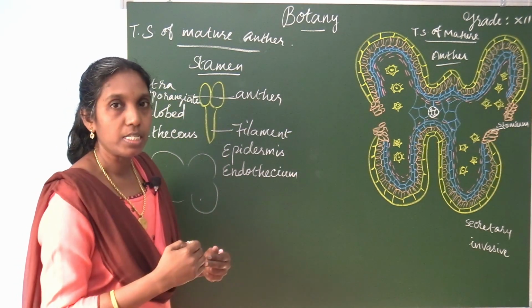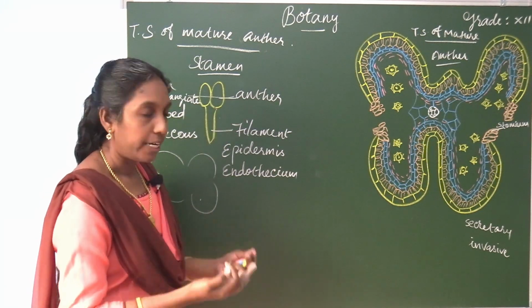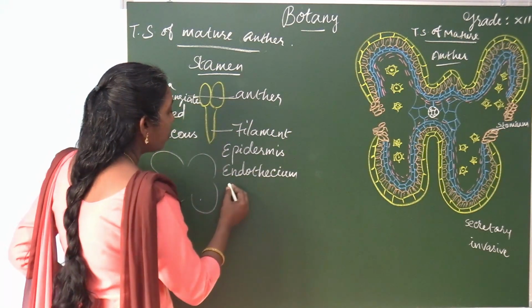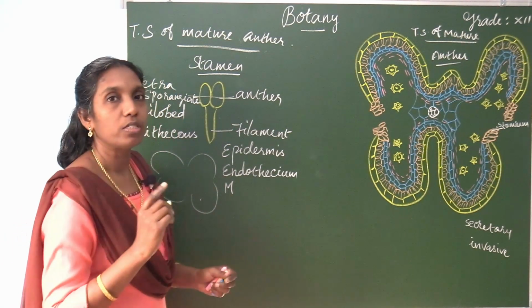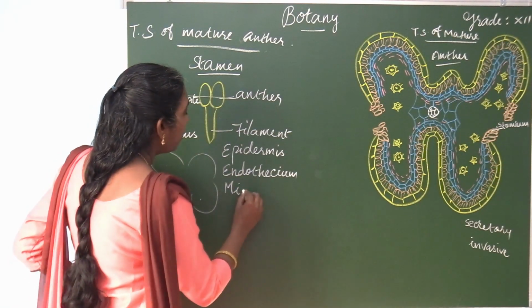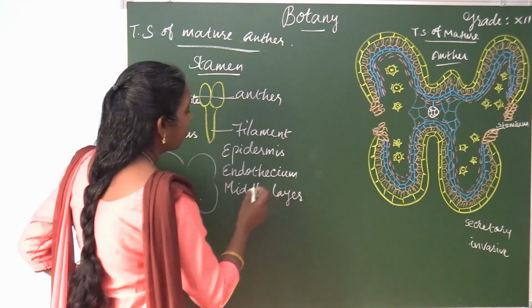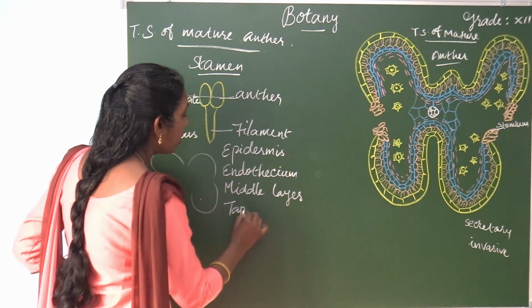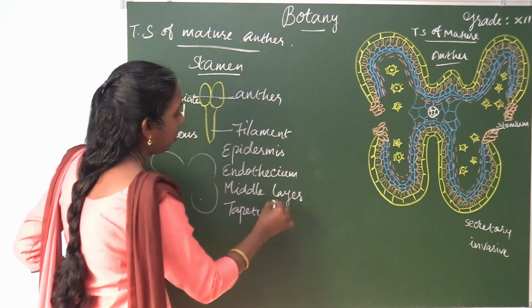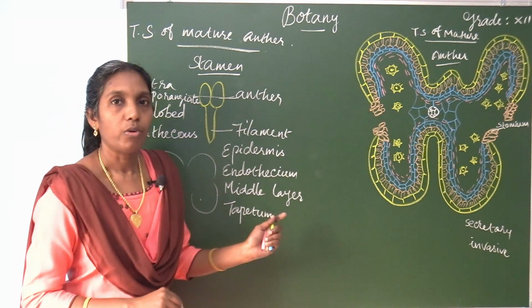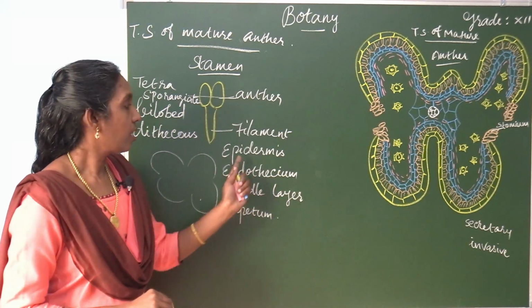Inner to the epidermis there is a layer called endothecium. Then inner to endothecium there are 2 to 3 layers of middle layer, and the innermost layer is called tapetum. Let's learn one by one the structure of these layers.